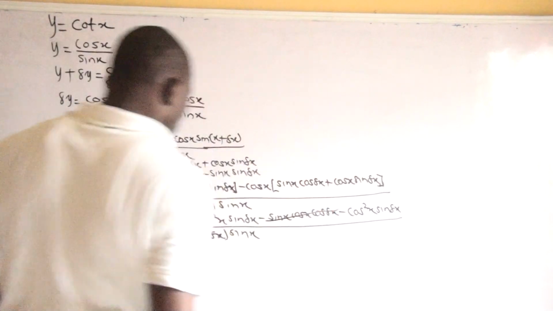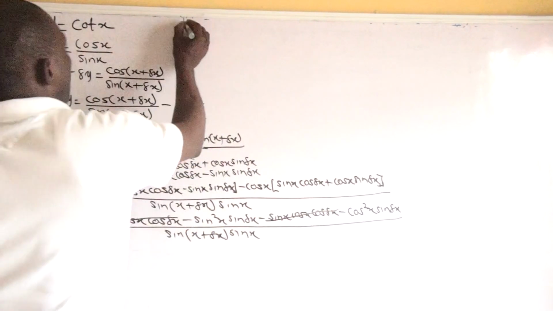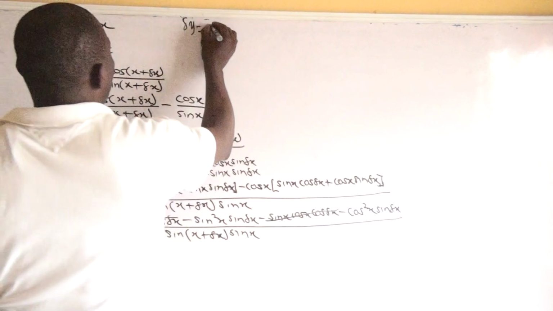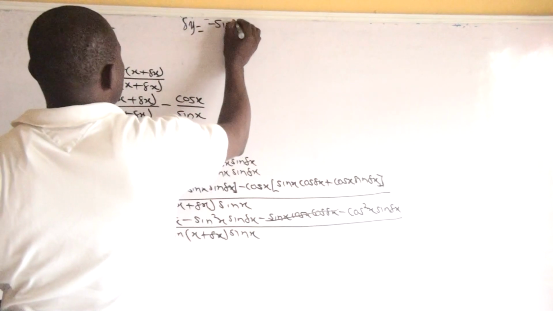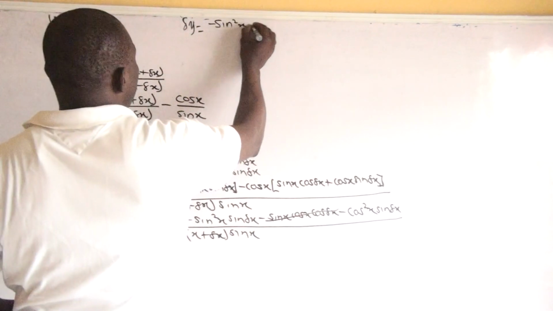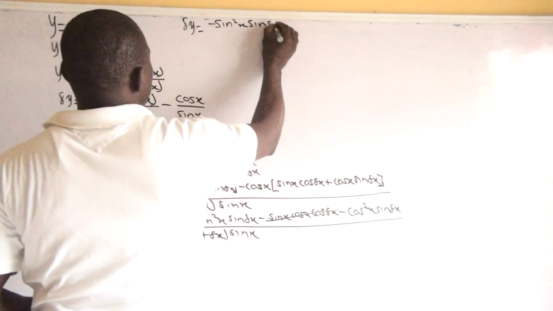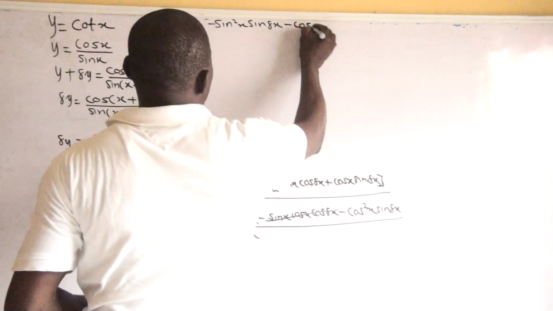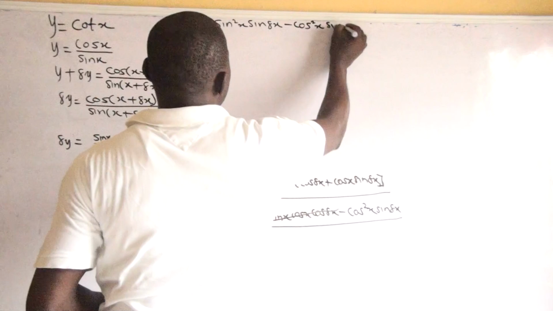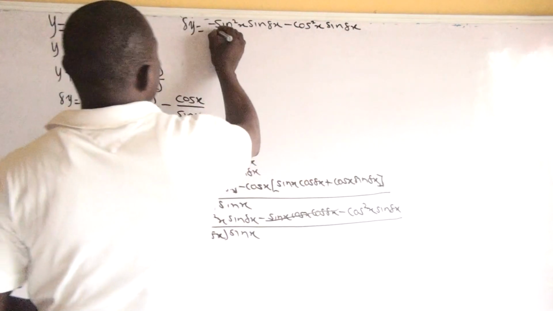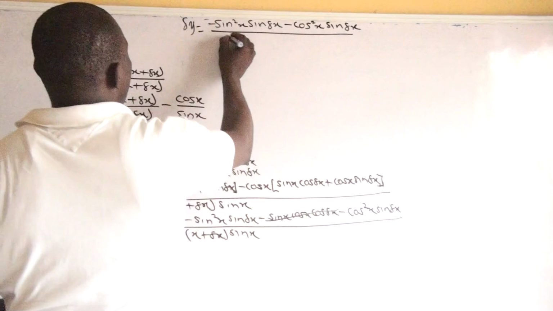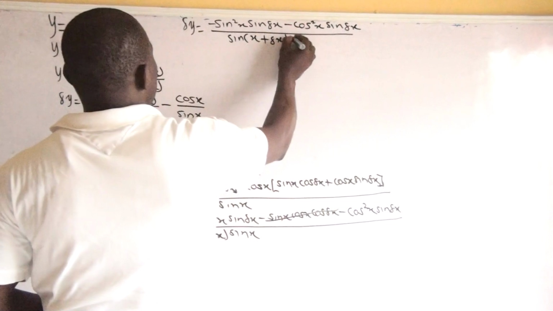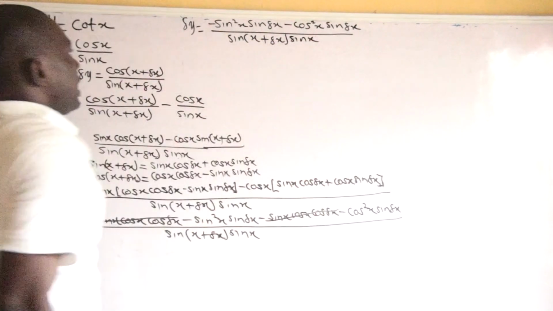So we'll be left with delta y becomes minus sin squared x sin delta x, and here we have minus cos squared x sin delta x, divided by sin open bracket x plus delta x close bracket sin x.